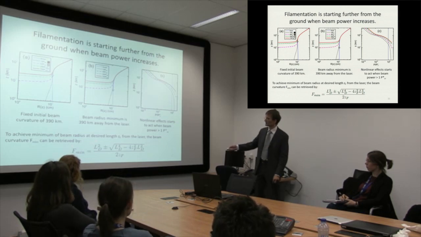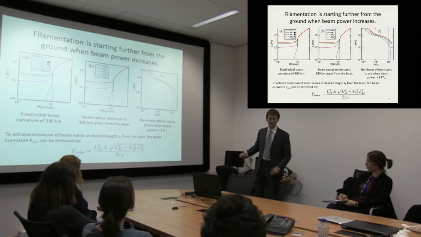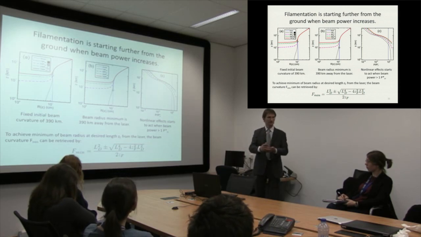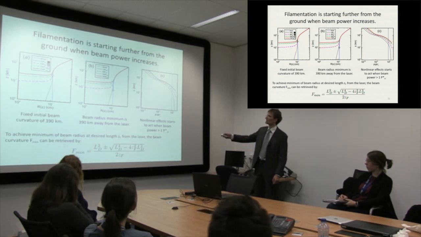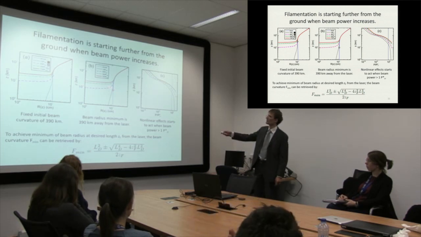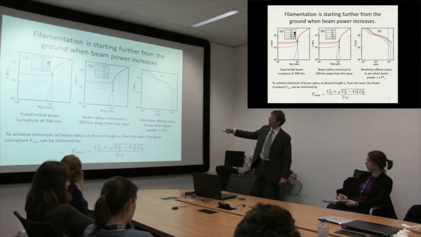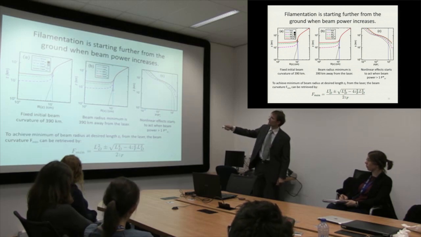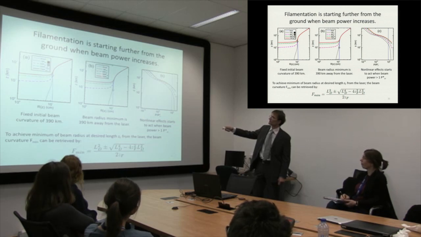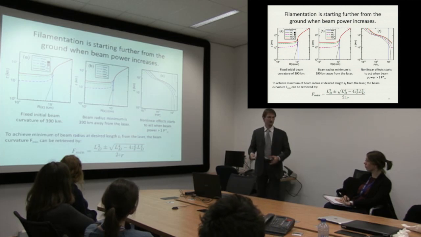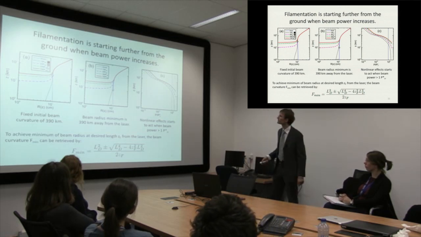We can calculate what focal length we need of our lens to have linearly the minimum at some certain distance. In this case, 10 kilometers was the target, so I show the star. Fixing this lens, we will introduce again all these powers the same as here, and we see the same tendencies. It does not act a lot on our behavior of the beam.